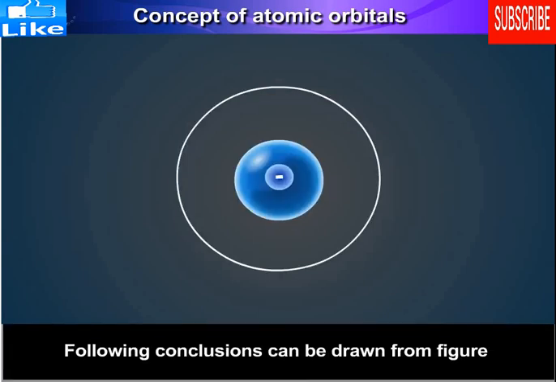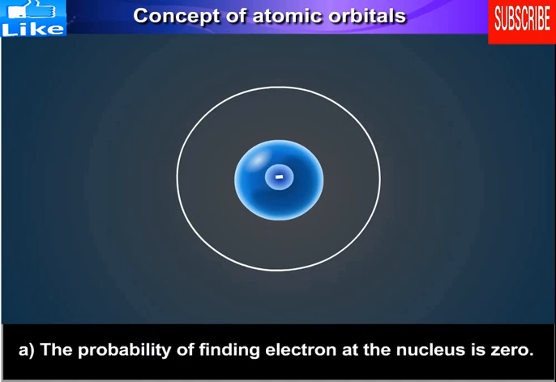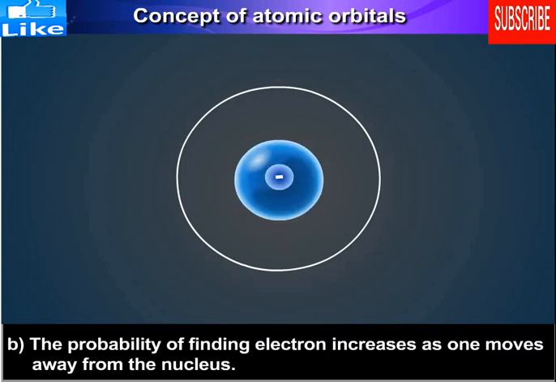Following conclusions can be drawn from figure. A. The probability of finding electron at the nucleus is 0. B. The probability of finding electron increases as one moves away from the nucleus.